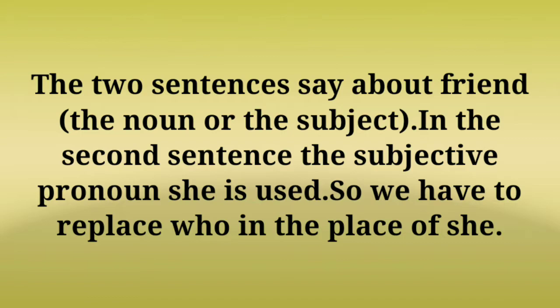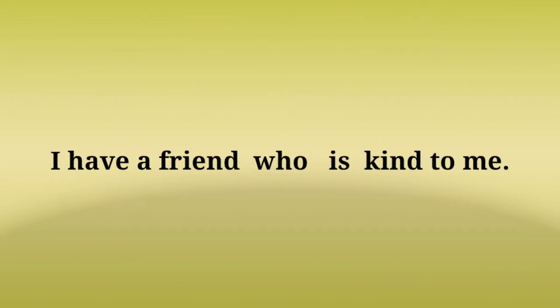In the second sentence, the subjective pronoun she is used. So, we have to replace she with who. Then the answer will be, I have a friend who is kind to me.